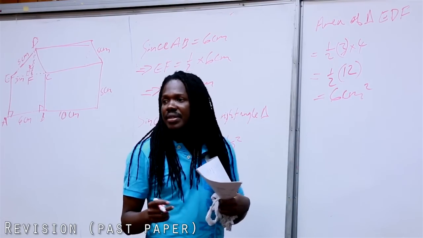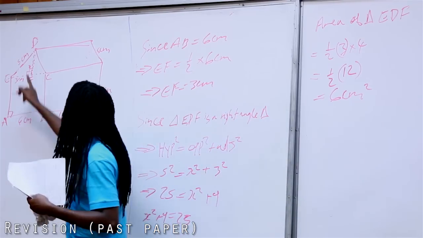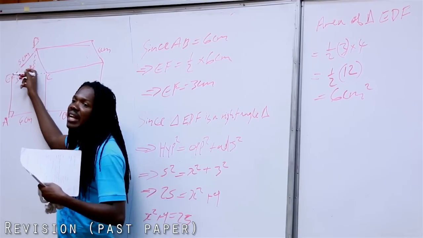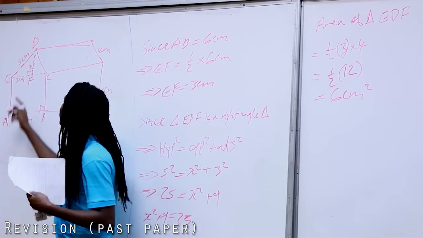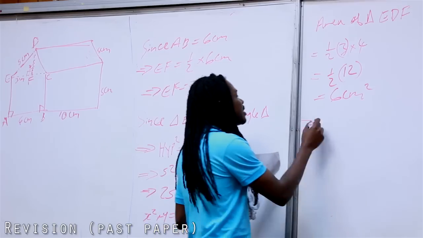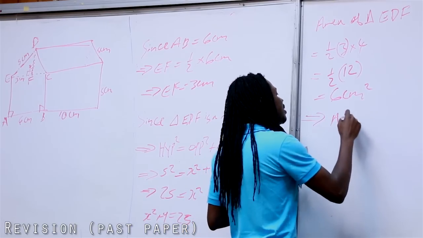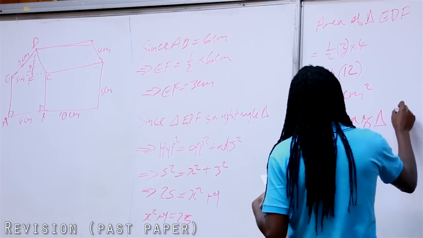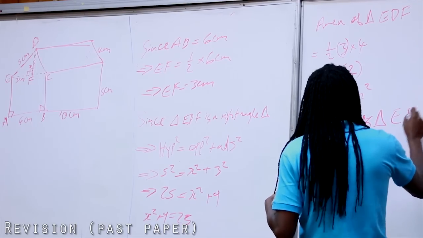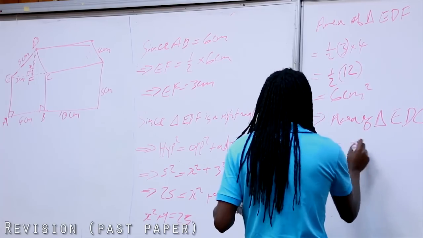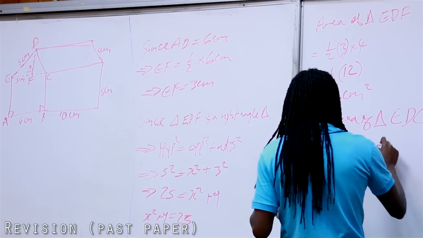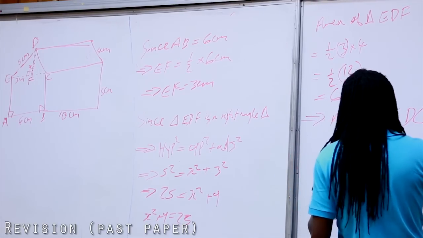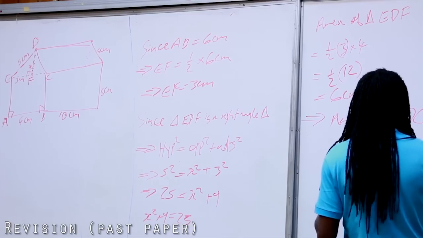Everybody see that? Now this runs down the center, so this and this are mirror images of themselves. This implies that area of triangle EDC equals 2 times area of triangle EDF.